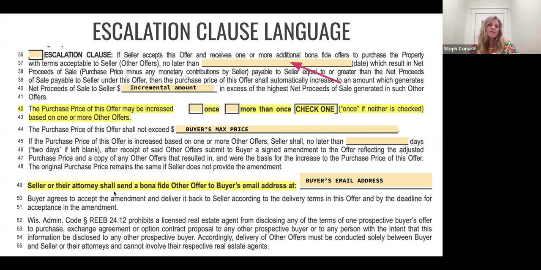That piece of it does not have to come directly from the seller. The listing agent is free to send that amendment to the buyer's agent. It's just that the seller has to communicate or provide the other offer, giving the evidence that it did in fact get bumped.